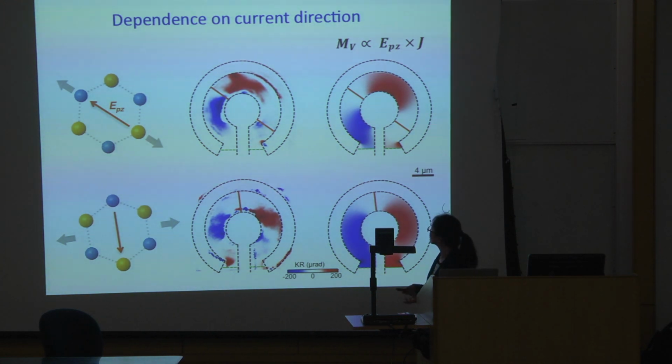Before we address what's going on, we did a little bit of study on the dependence of the effect on the direction of current. We made a Corbino disk type of device. The dashed lines are electrodes. We have a middle electrode, and we have electrodes on the side.